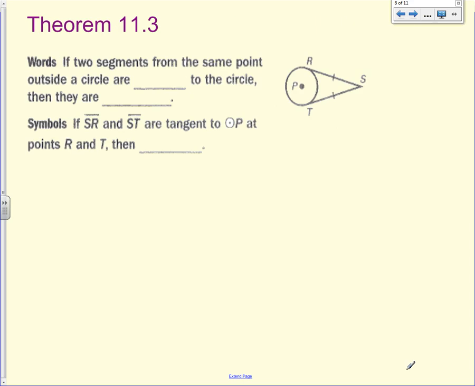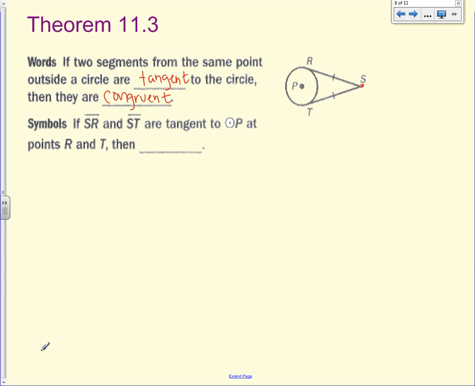If two segments come from the same point outside of the circle and are tangent to the circle, then they are congruent. So we do need to fill in theorem 11.3 first.